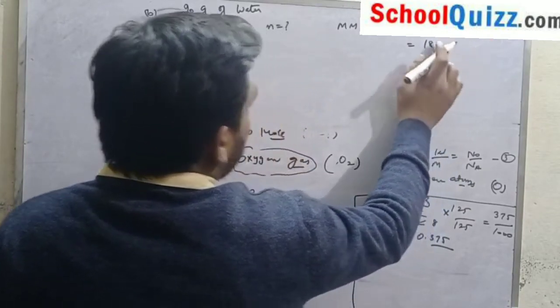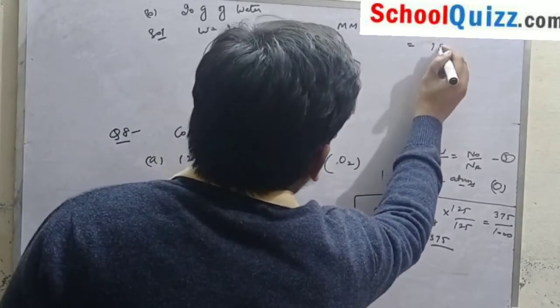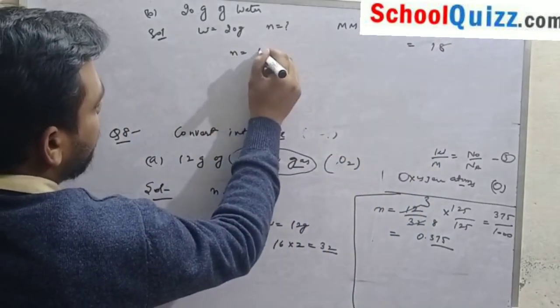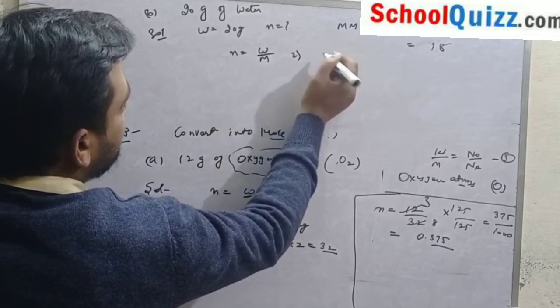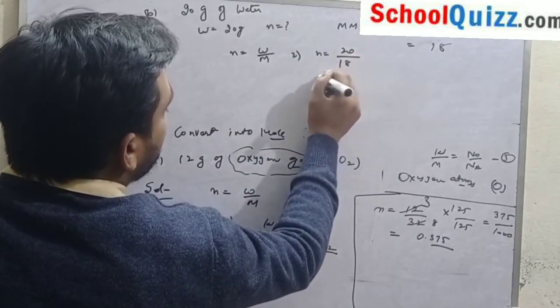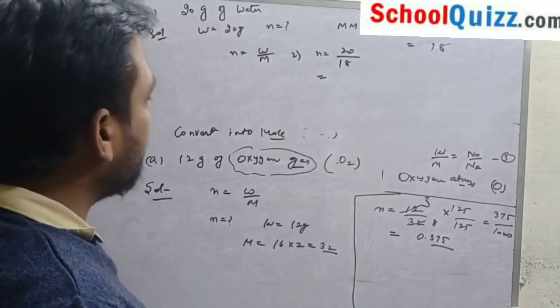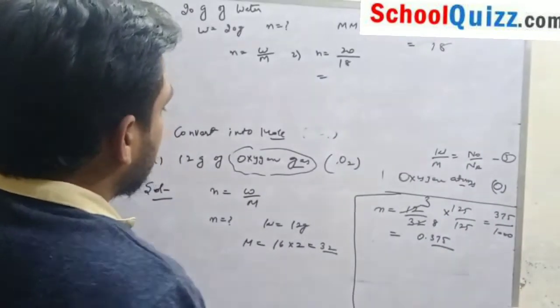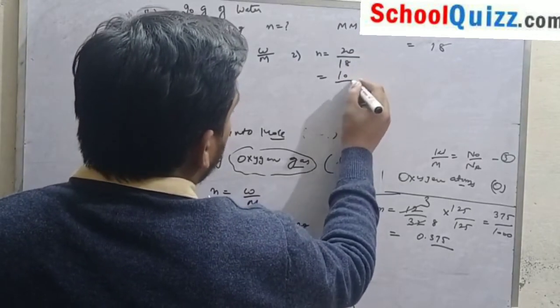So n equal to W upon M, which implies n equal to 20 upon 18. Just solve it, it will be 10 upon 9.